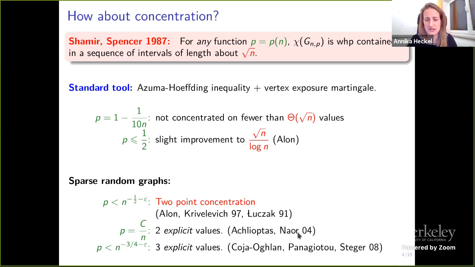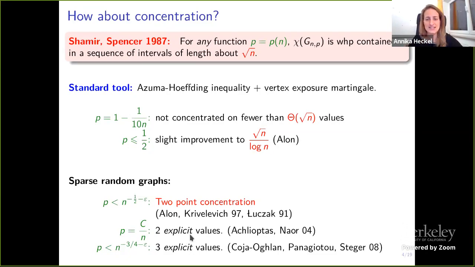So Achlioptas and Naor, there's a well-known paper by them where they worked out what 2 explicit values the chromatic number takes in the case p is a constant over n. And that was extended up to n to the -3/4. But they lose a bit of sharpness. They can only specify 3 explicit consecutive values.